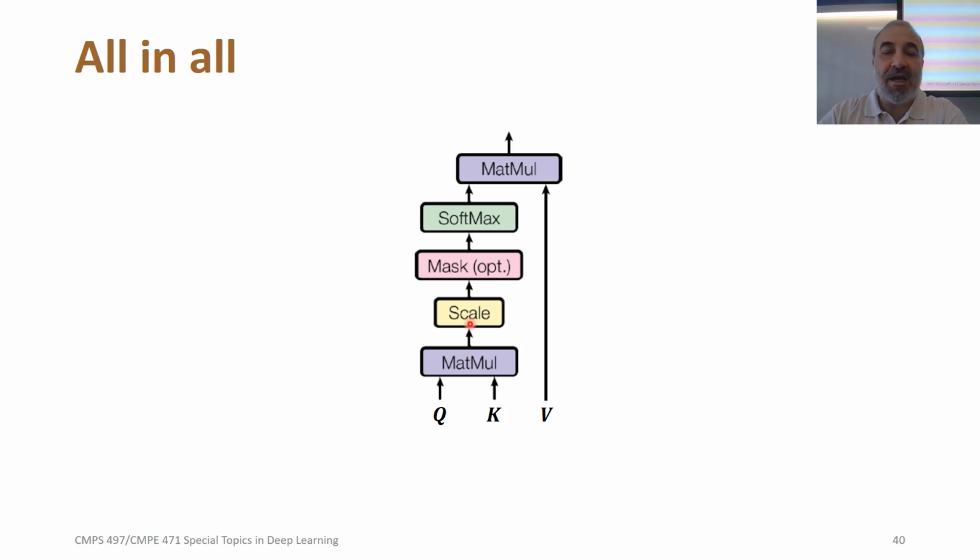We scale those dot products, and then forget about this mask, we'll talk about it next lecture. And then we do the softmax. After we do the softmax, we get the self-attention weights, and then we matrix multiply what we get here with the values to get the output. So this is the process.